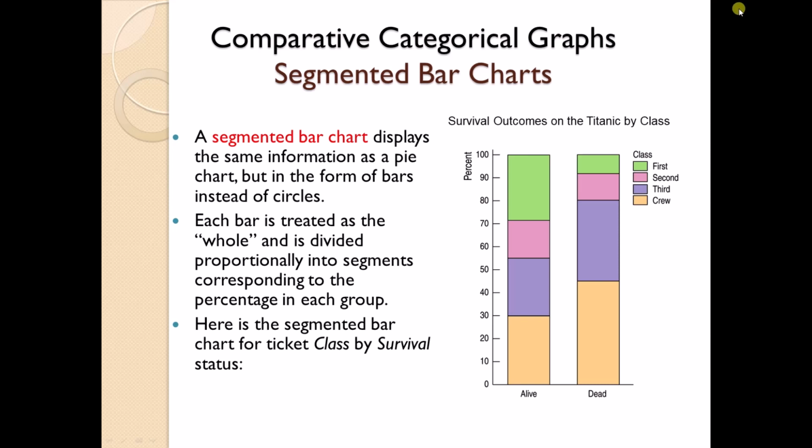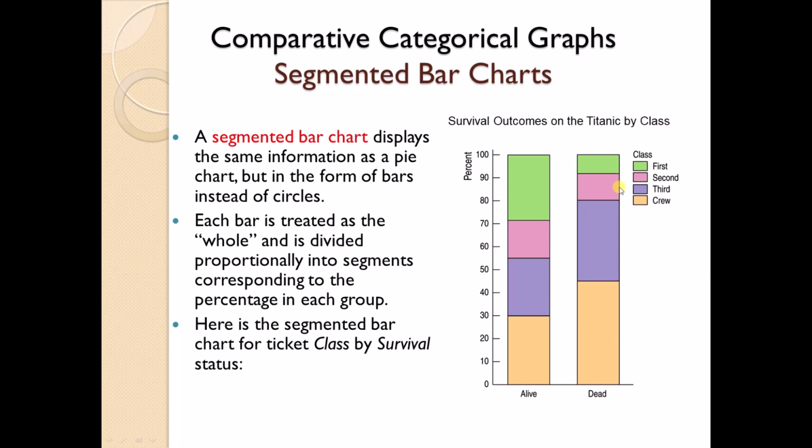All right, this is the last thing we're going to cover today. We're going to talk about segmented bar graphs. And these things are kind of a rectangular version of a pie graph, pie chart. What you do here is you take your categorical data, categorical values, and take them all the way up to 100%, and then divide into whatever percentage your different categories happen to be.